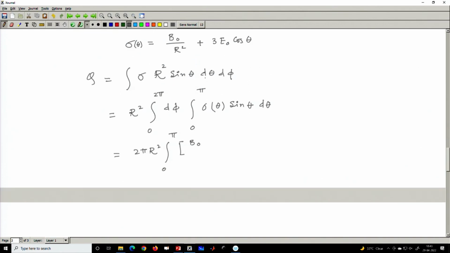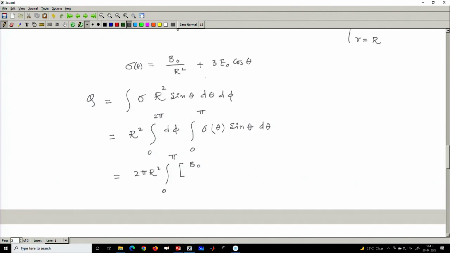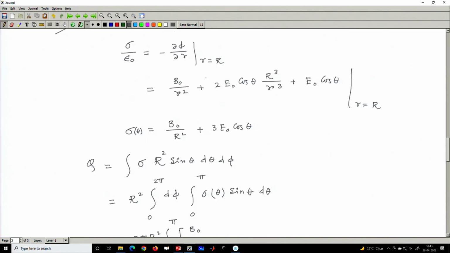If I write that, we already calculated it, and that value is b0 divided by r square. Sigma I need to multiply by epsilon 0, because it is sigma by epsilon 0.